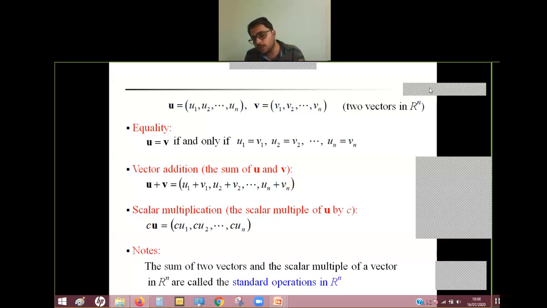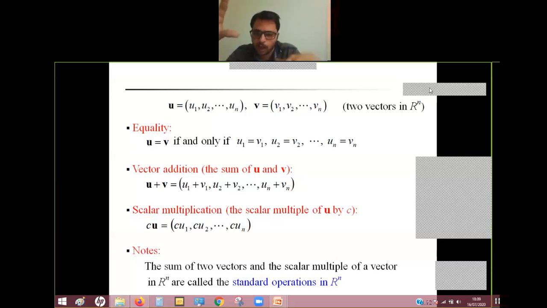After performing the operation you will get some result, and depending on the condition of that result you will say whether the obtained result is a subset of the space Rn or not. If it is not a subset, then we cannot say the given set is a vector space.